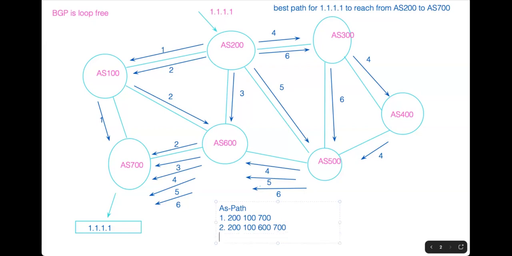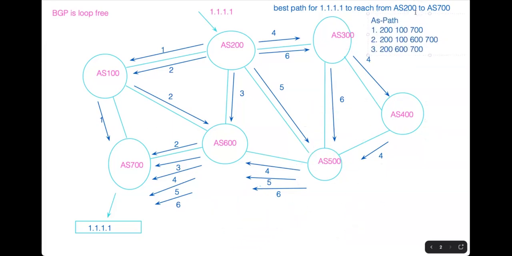Then there is a third path: 200, 600, and then 700. Right? Any doubt with these 3 paths? You are able to understand, right? You can let me know either yes or no.